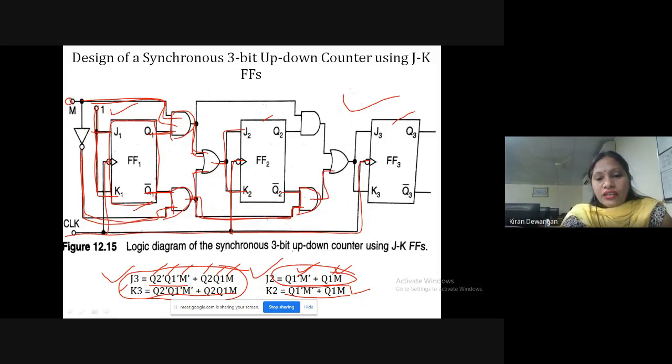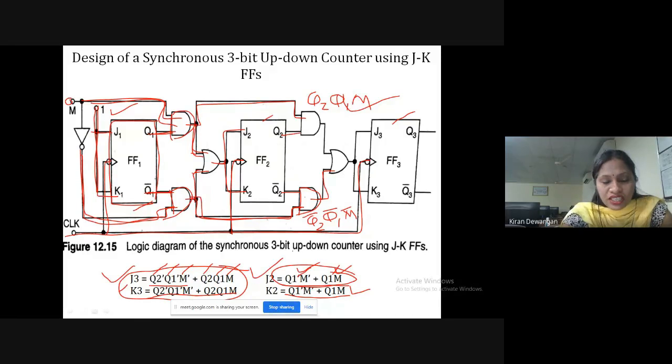Q2 bar is given here. Similarly, Q2, Q1, M. From here we'll get Q1, M, which is getting ANDed to Q2. So here we'll get Q2, Q1, M. Here we'll get Q2 bar, Q1 bar, and M bar. So these two are getting ORed.